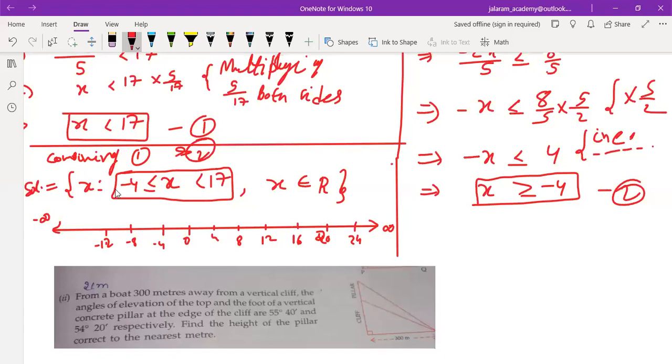This is the number line now. It includes minus 4, so this minus 4 will be darkened.